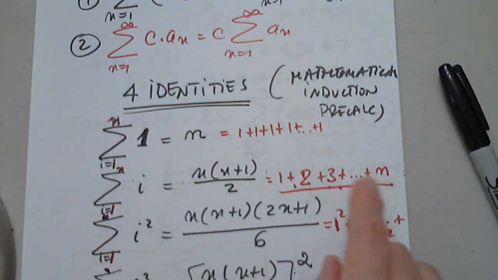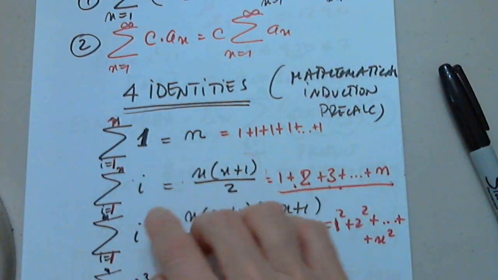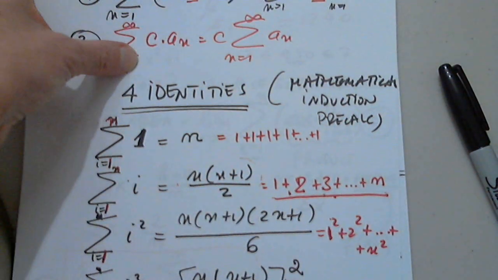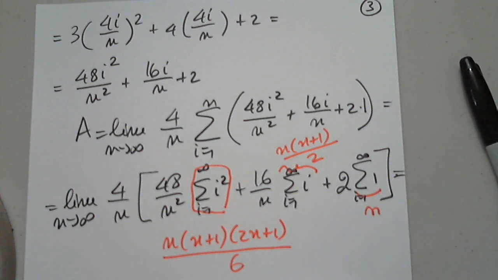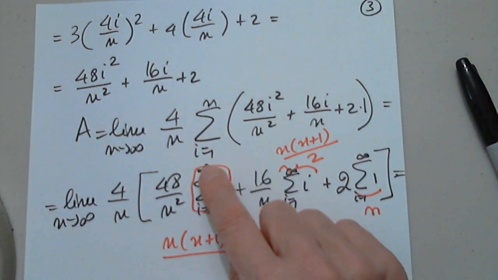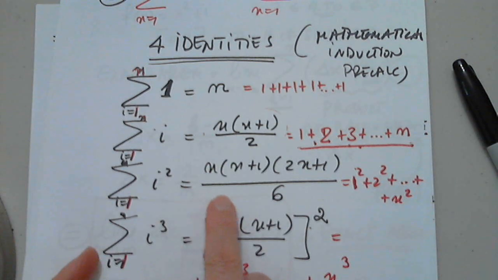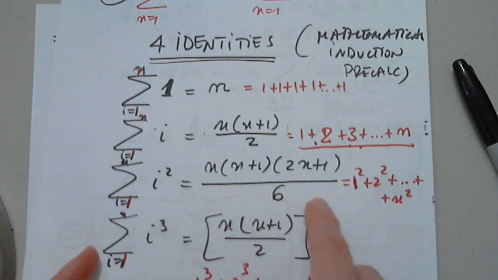So there are infinite terms, but here, this is just from i equals 1 through n, and then we will let n go to infinity. So this is replaced according to the formula. The sum of i squared has to be replaced by this.